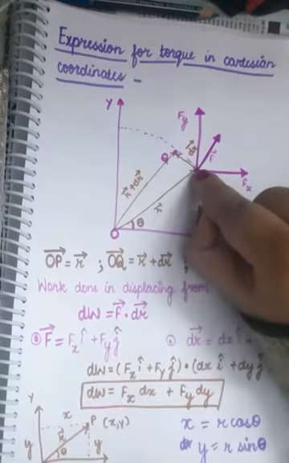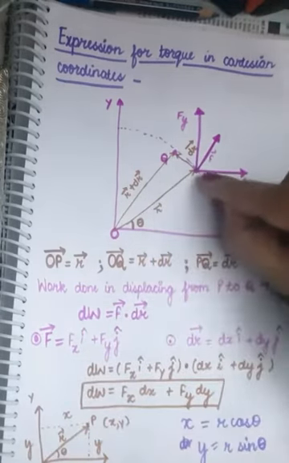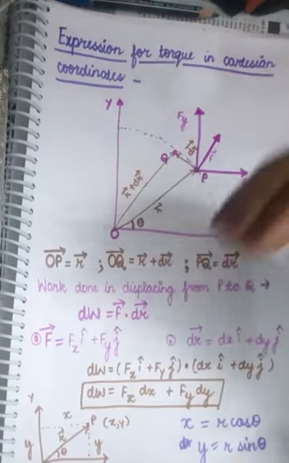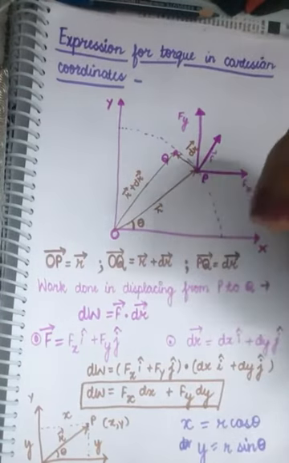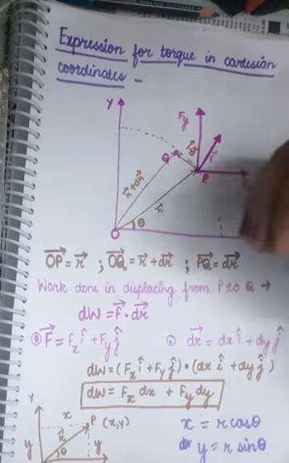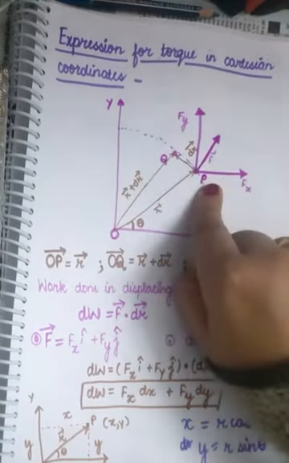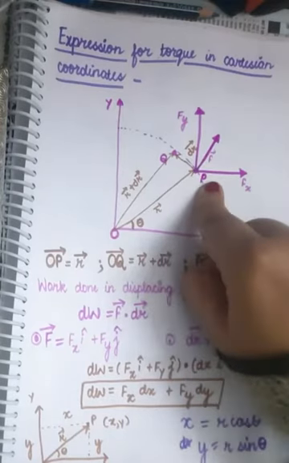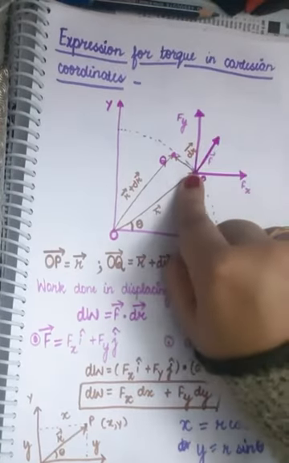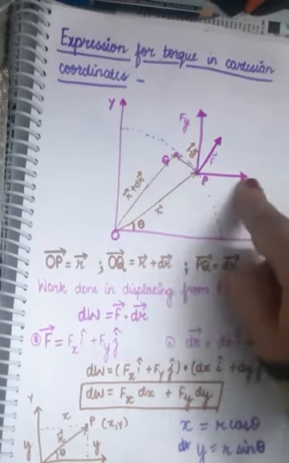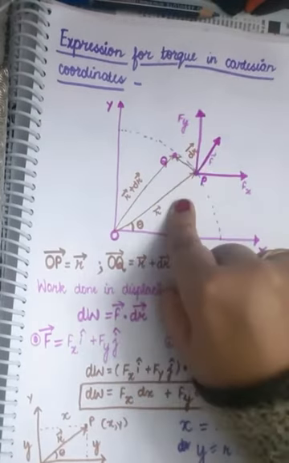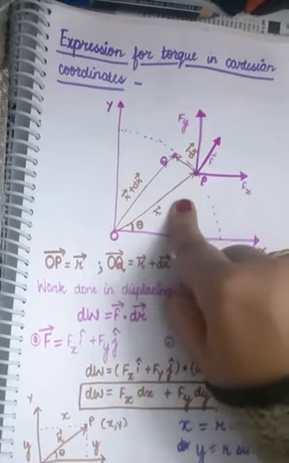Suppose a force suddenly acted on P and it went to Q. The displacement of the particle from P to Q happened because of a force called the F vector. This F vector will have two components, one horizontal and one vertical, Fx and Fy.